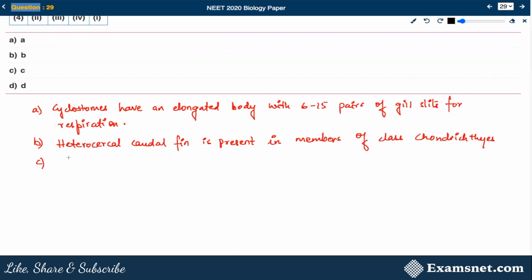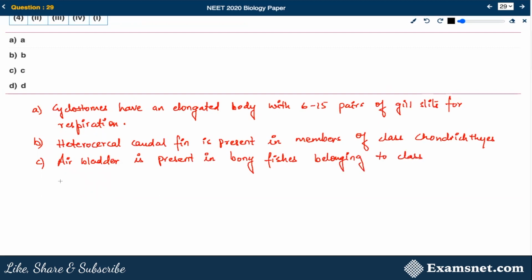So the air bladder is present in bony fishes belonging to class Osteichthyes, that regulates buoyancy.